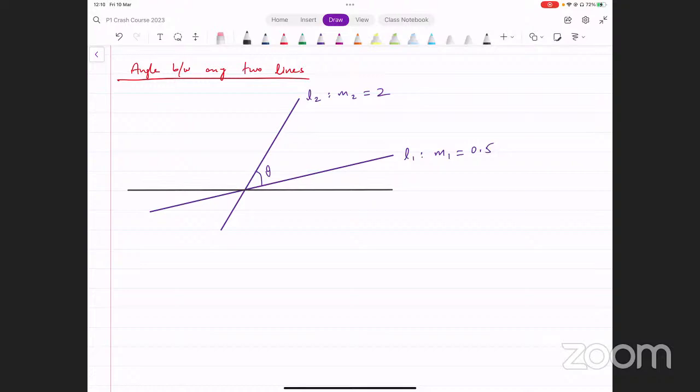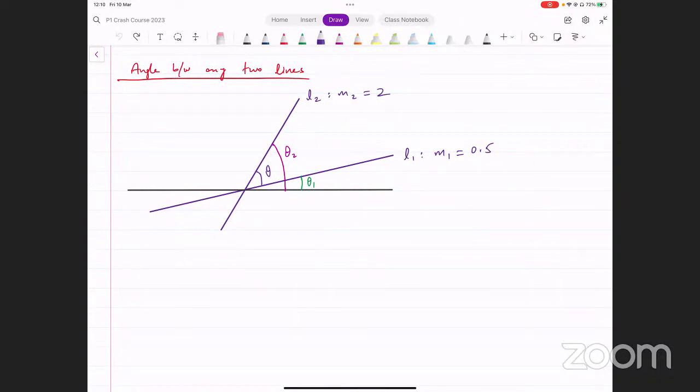And then, since you're looking for this angle in the middle, you can find this angle between the horizontal line and L2. Let's call this theta 2. And then subtract from this the angle between the horizontal line and L1, that will be theta 1. So if we just find theta 2, subtract from that theta 1, that would leave you with this angle theta. So that's the idea that you can use here.